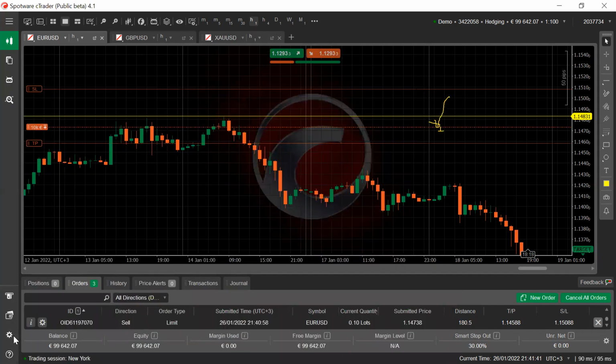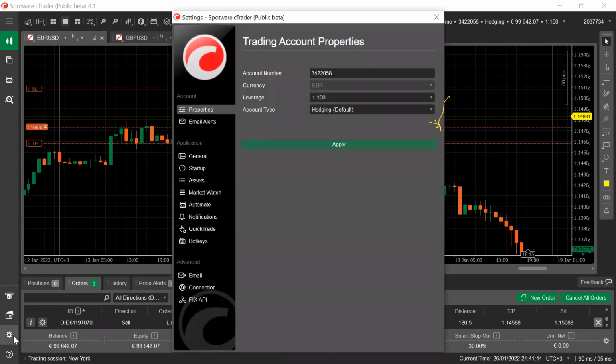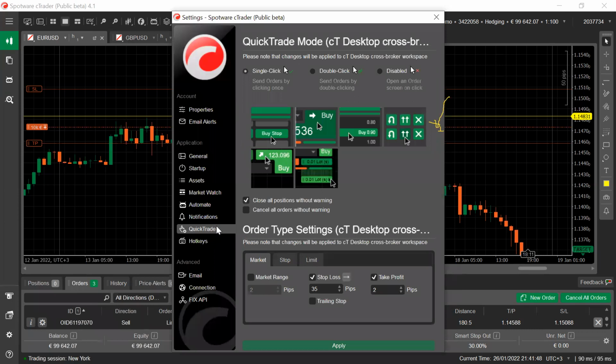Let me just change it here permanently so that we don't have to keep going in. Okay, 15. Yes, we want this to be 15. There, it is saved. So now we can put trades very quickly.